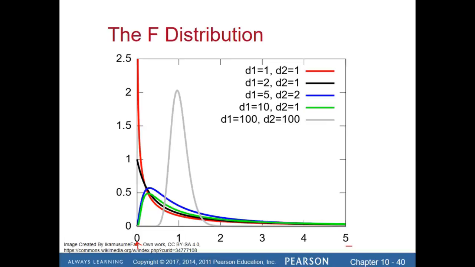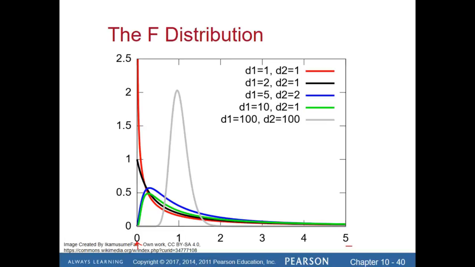Now, this is starting to take on a little bit more of a bell shape, but still a great degree of skew going on, a very long tail going off to the right. And so, in no way could you call that a symmetric distribution. Finally, jump all the way up to 100 degrees of freedom in both numerator and denominator, and that's this light gray line.